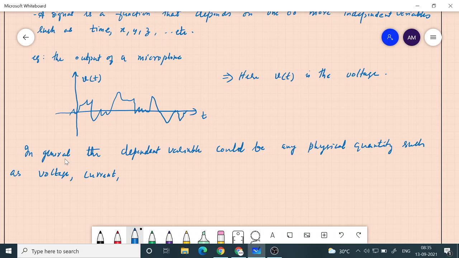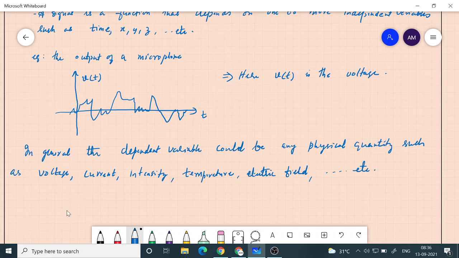It could be, if you take the case of a picture, intensity. If you consider a thermometer, then temperature. Okay. Any of this physical quantity. Okay, it could be electric field. Okay, magnetic field, etc. So any of the physical quantity which varies with respect to some independent variable, which are time, position, etc.